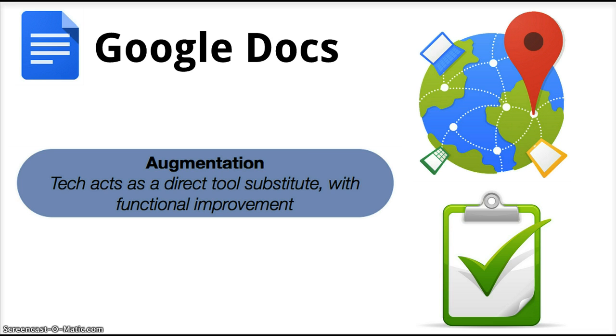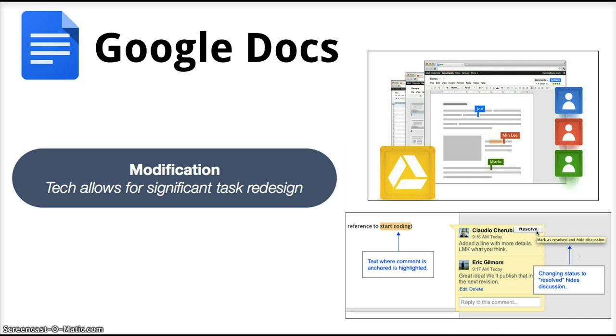But if you start using the spell check and having the kids access that Google Doc anytime, anywhere, from school, from home, from vacation in Arizona, then there are some added benefits. So we're using Google Docs as an augmentation. It's a direct substitute for typing, but there are some functional improvements.